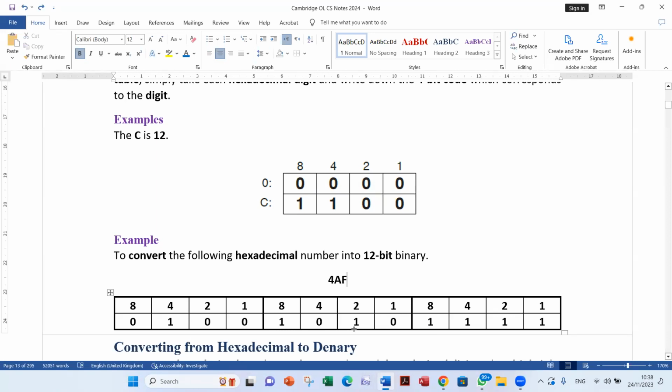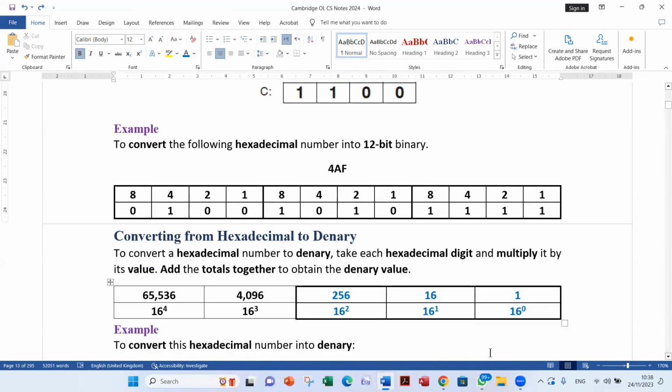Let us go to the more difficult job: converting hexadecimal to denary. The point is, we now need to recall weights. Hexadecimal is base 16.